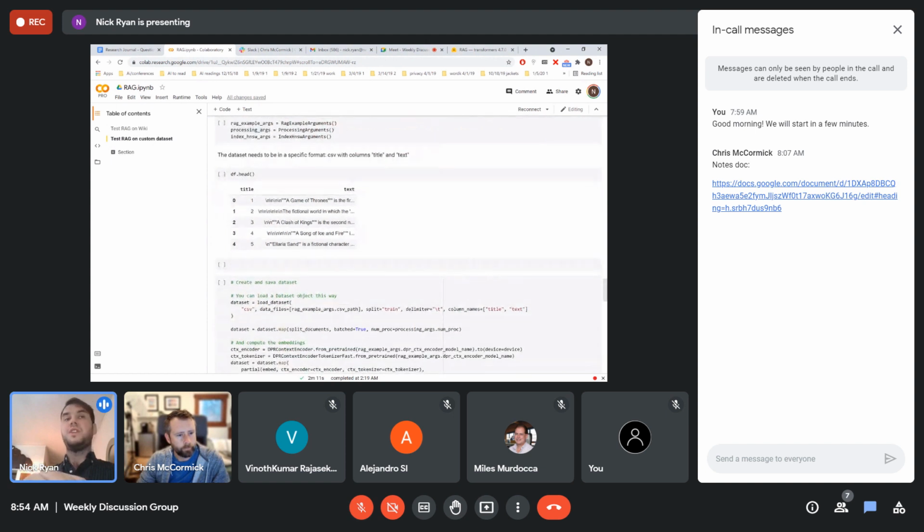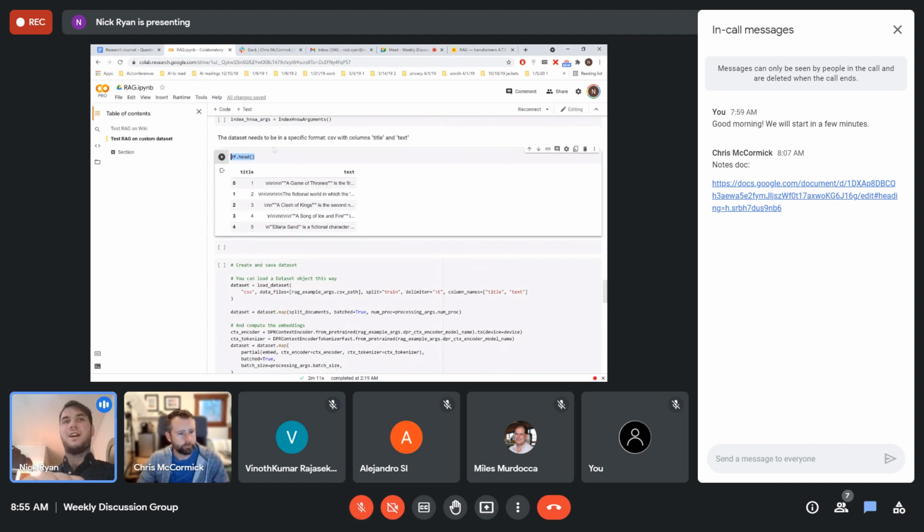And really what you need to do on your own, and I have a bit of code to help you with this that I can add into a more finished notebook, is you need to get your custom data set into this very specific format where the first column is title, the second column is text, and the title doesn't matter, it can be numerical, and the text is your text documents.